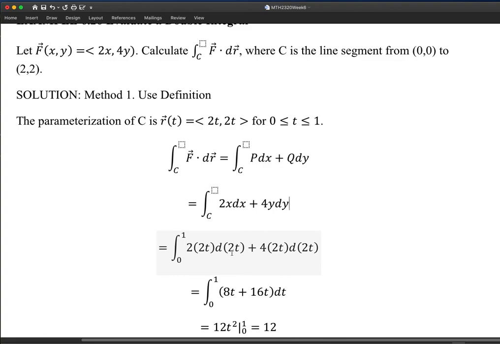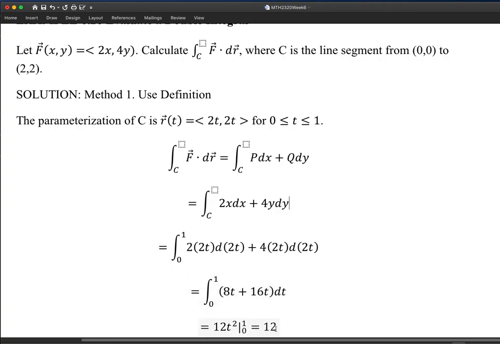In this part of the calculation, 2 times 2 times 2 is 8t. The second part, 4 times 2 times 2, that's 16t, and dt in the end. It's a single line integral, actually a simple regular integral in terms of t only.